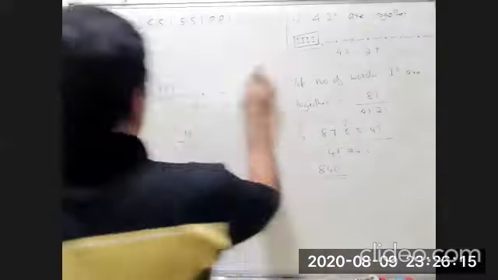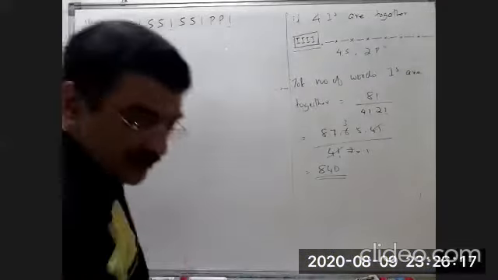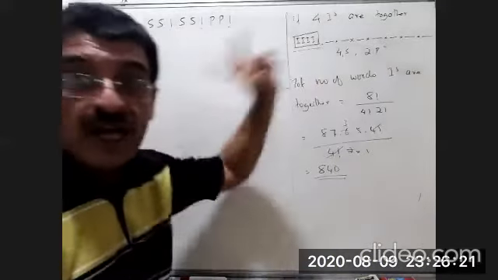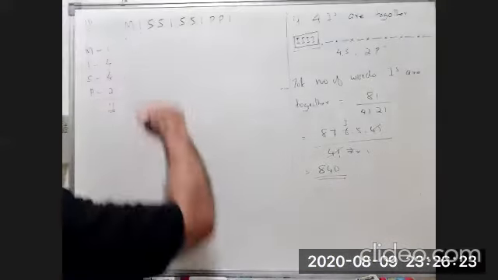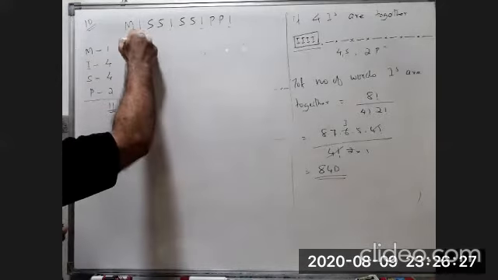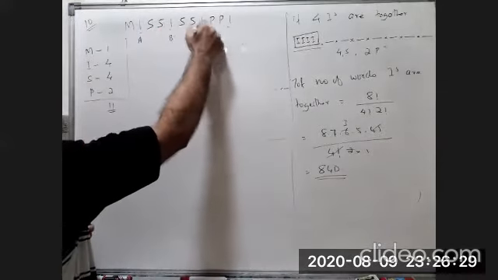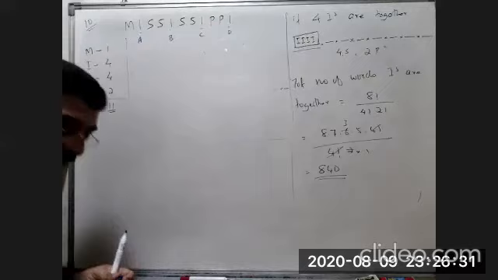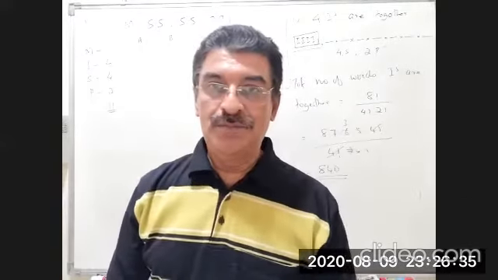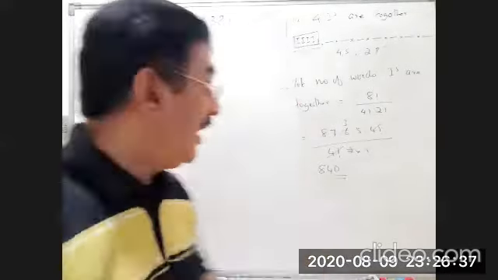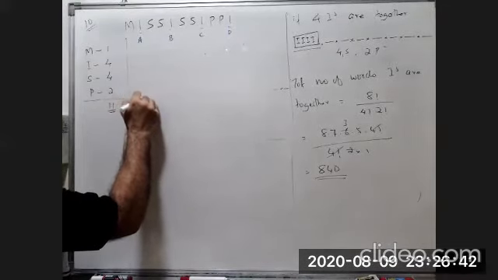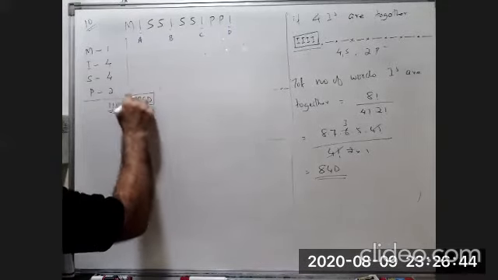Now, one more case, another interesting case. Suppose that instead of this 4 I's together, it was A, B, C, D. This A, B, C, D is together.